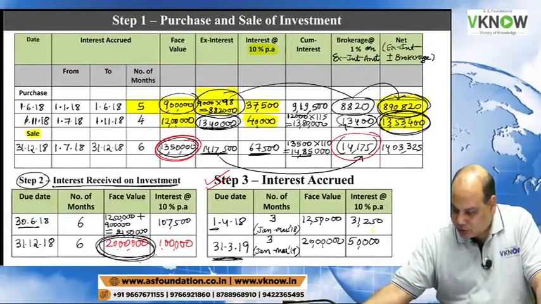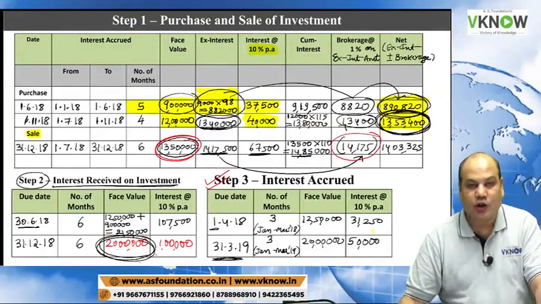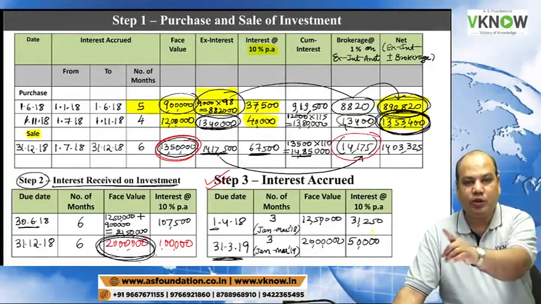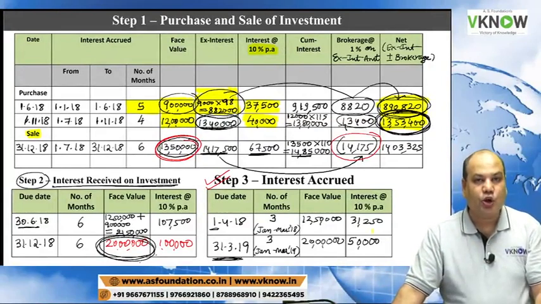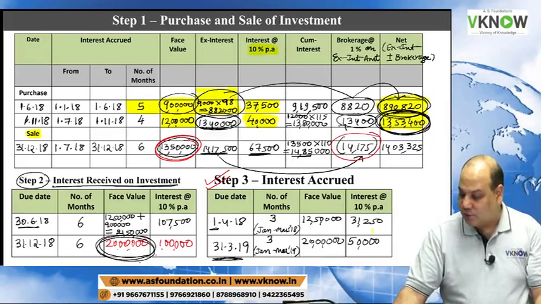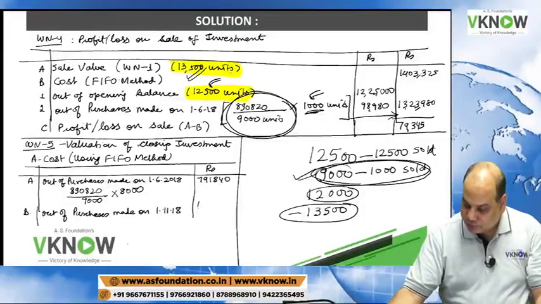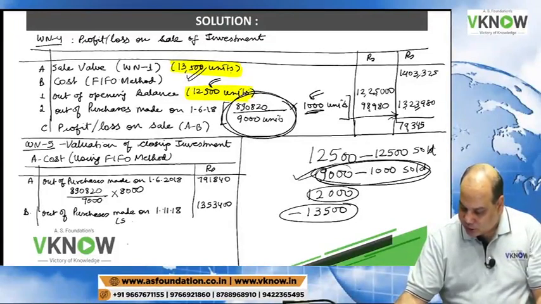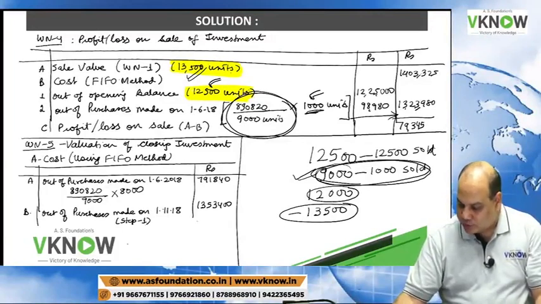This is the right hand side. See, 1353,400. This 1353,400 is the cost of the second lot purchased. Write down in bracket step 1 or working note 1.